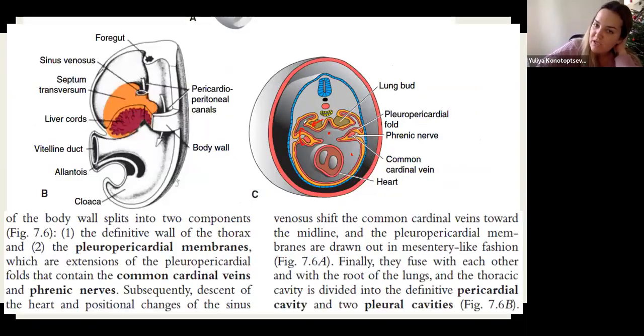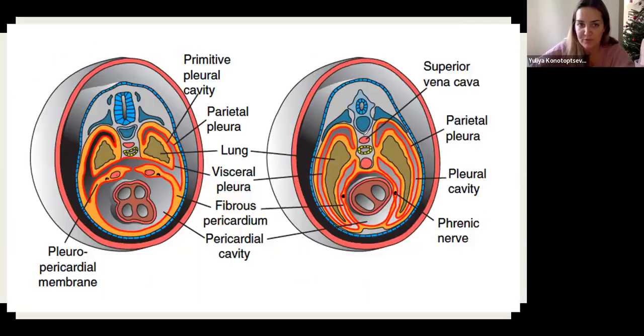But originally, phrenic nerves are located posteriorly to the heart, okay? So they're behind the heart. A question that they're going to ask you here is what happened? How come from the posterior surface they move to the lateral? Who is responsible for this? Of course, your lungs. As the lungs expand, they push your phrenic nerves to the lateral surface.